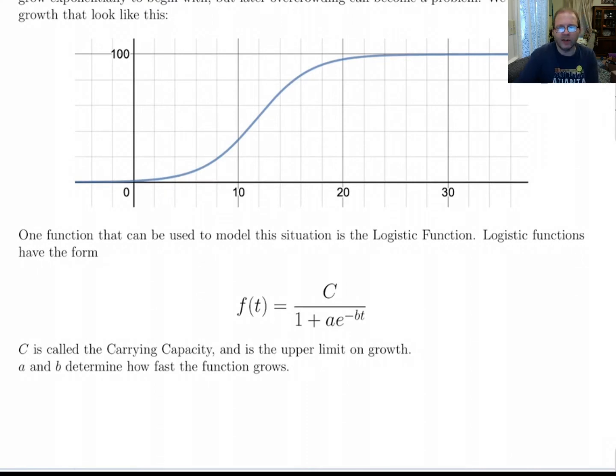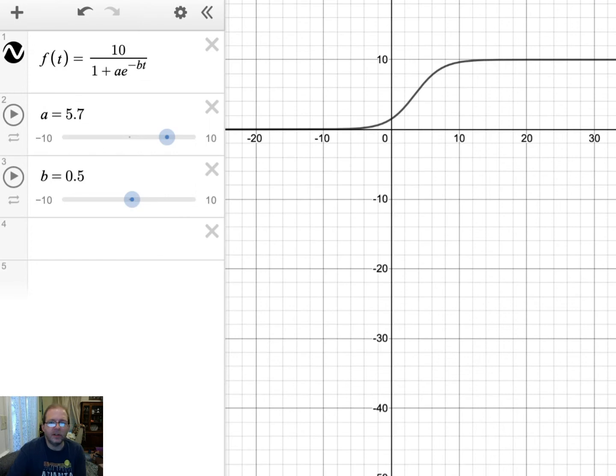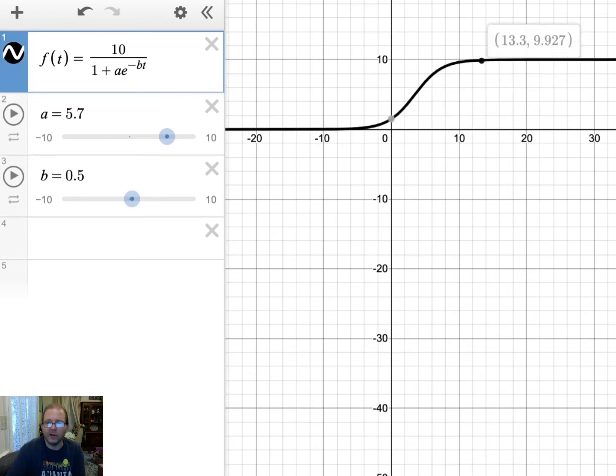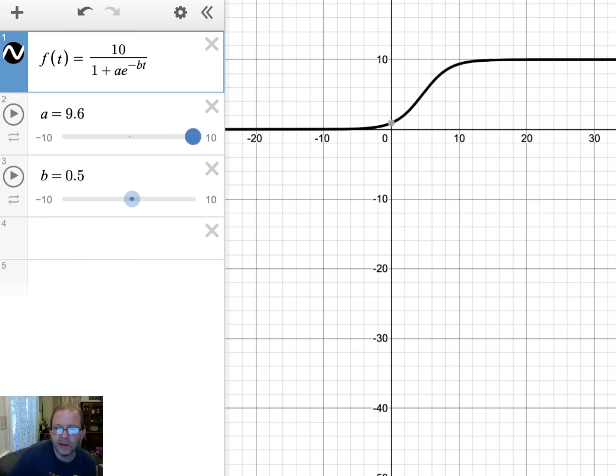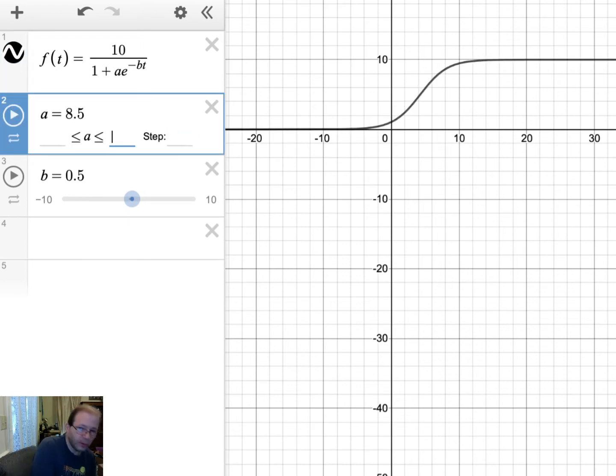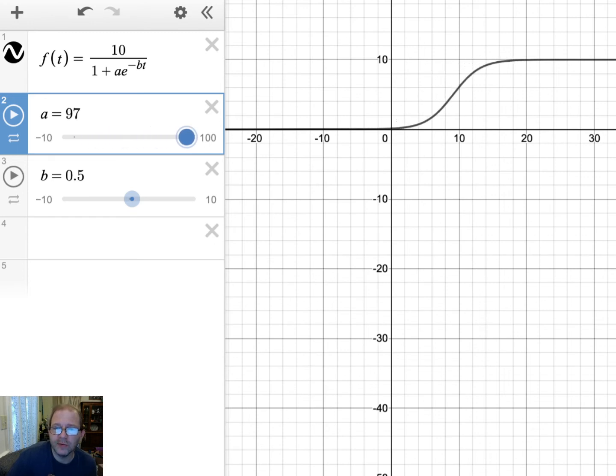Before we do any examples, I want to play with this on Desmos. Here's an example where I put in 10 for my capacity. You can see over here that as t grows large, this is approaching 10. My A and B, if I start moving them around, change a little bit about the curve. Let's let A grow larger. That helps determine how far out the curve starts to move up.